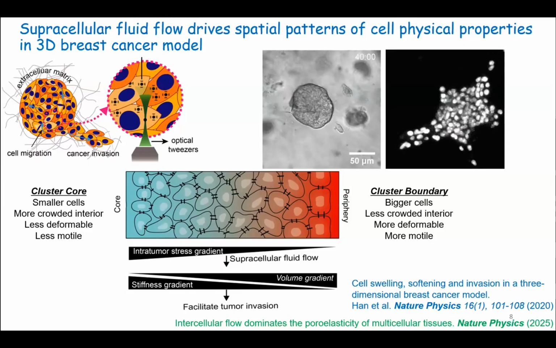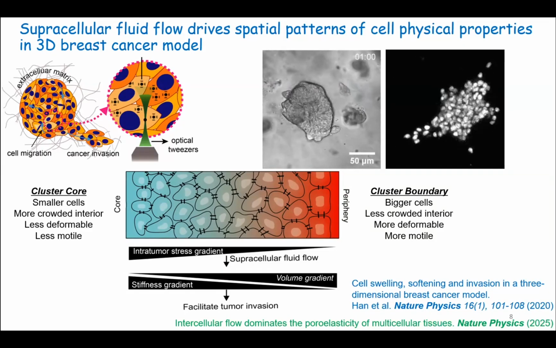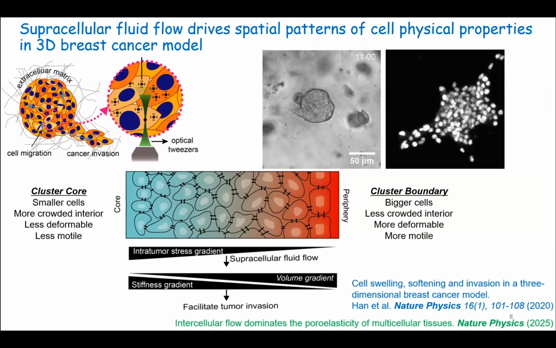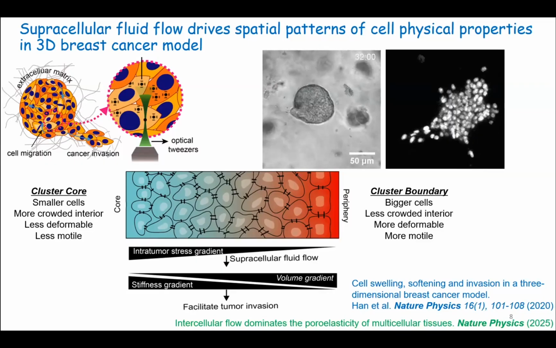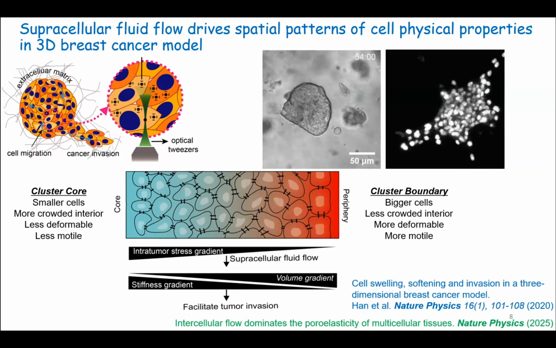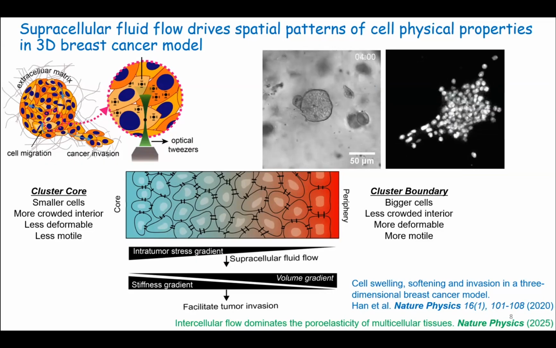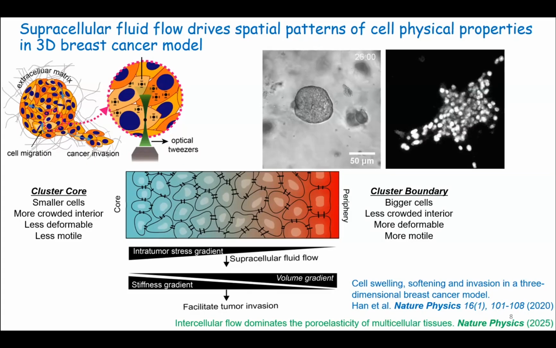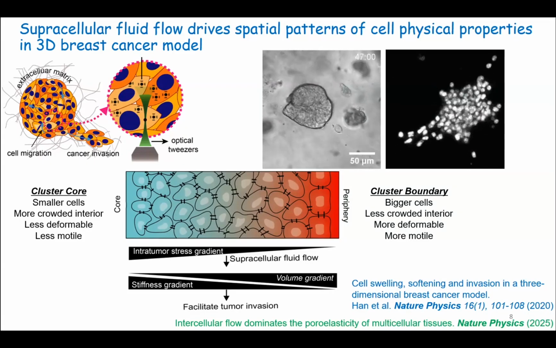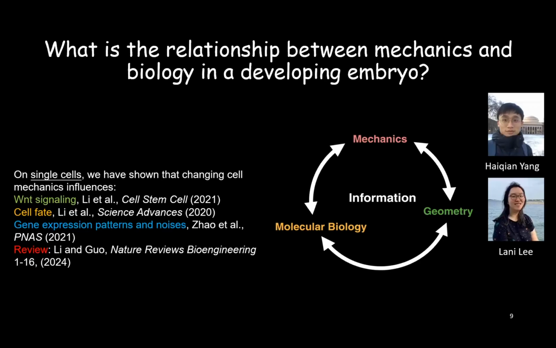So it seems to really reveal the important role of this supracellular fluid flow in this particular work. In another recent work, we show this supracellular or intercellular fluid flow is also important for whole tissue mechanics, if you're interested.